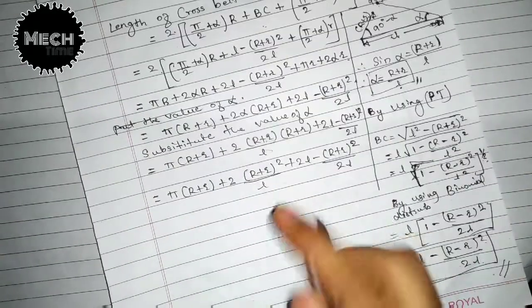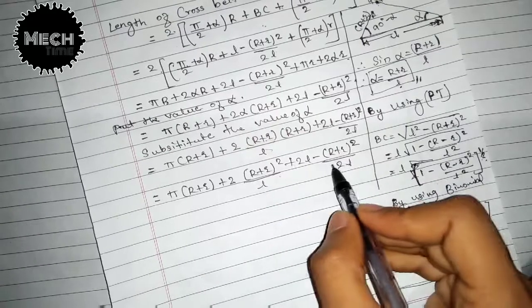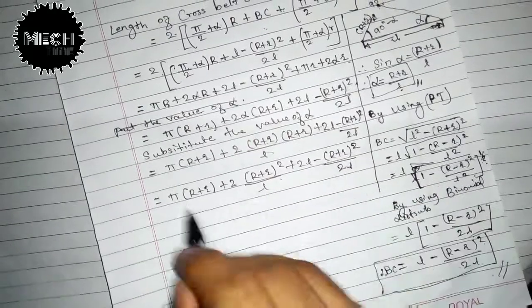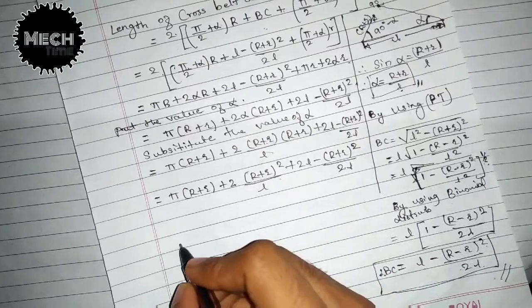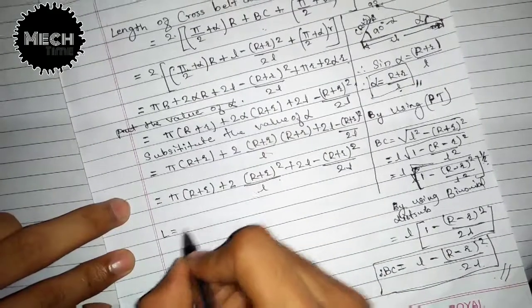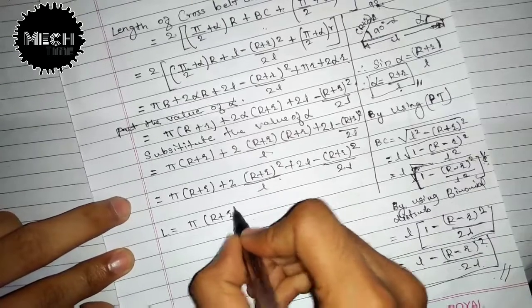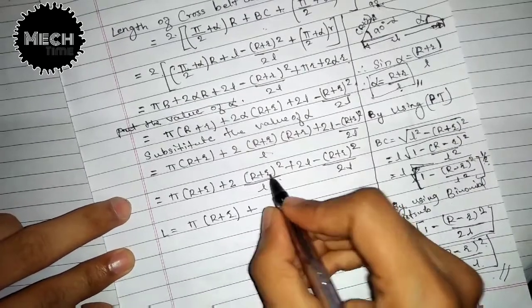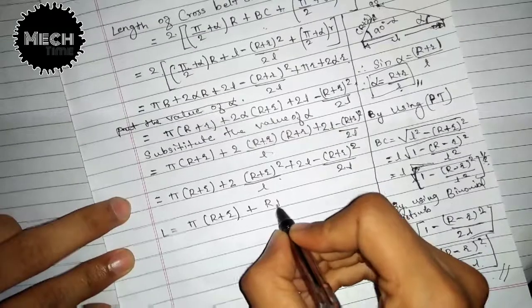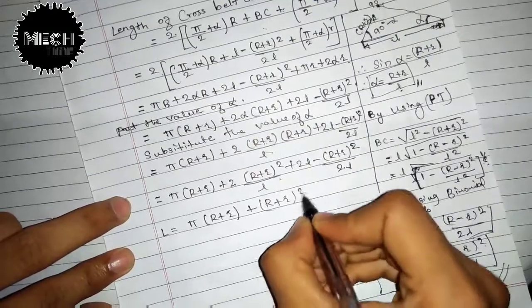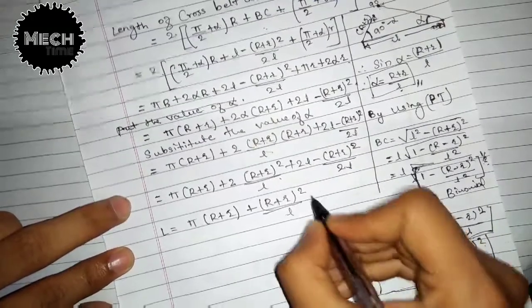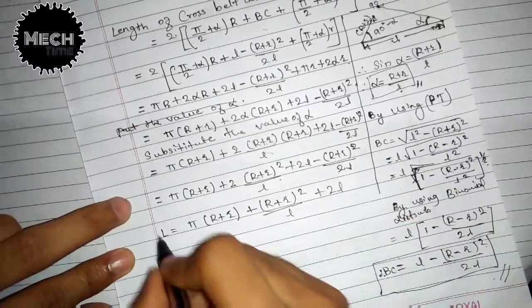As this is 2 times and this is 1 times, by subtracting you will get L equals pi (capital R plus small r) plus (capital R plus small r) whole square by L plus 2L.